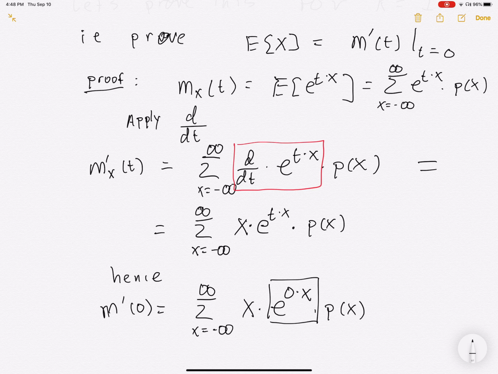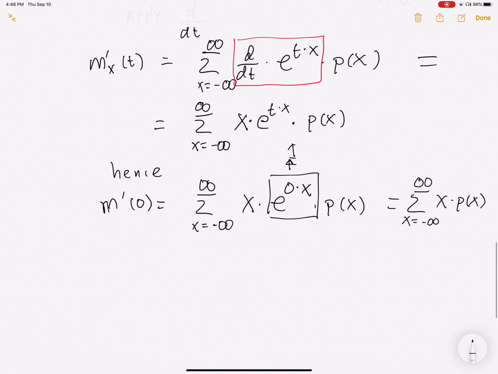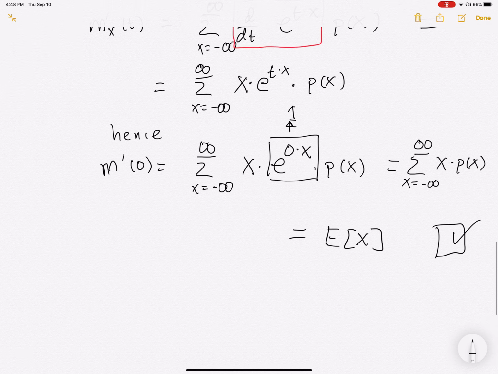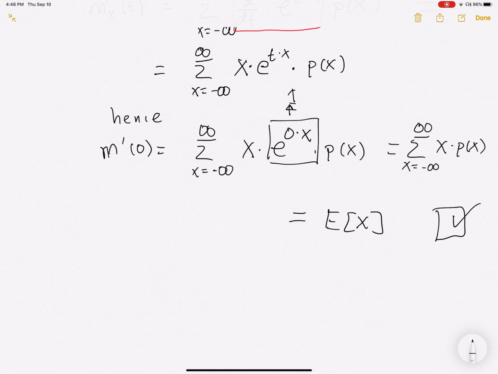This term becomes 1. So this becomes the summation from x equals minus infinity to infinity of x times p of x. And that is known as the expected value. And this applies for all probability density functions, not just the binomial.